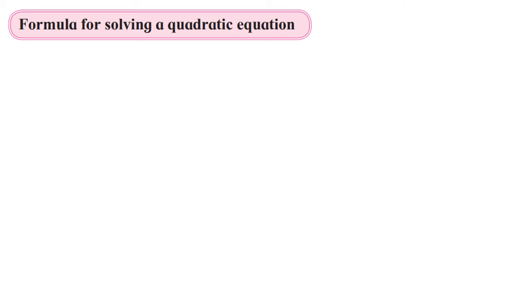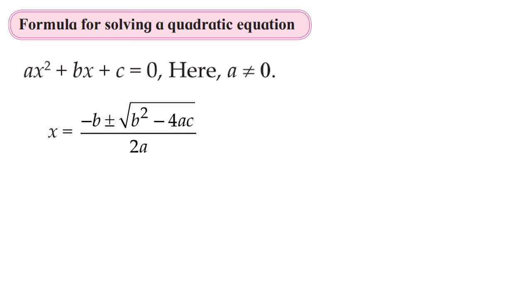Then the next is the formula for solving a quadratic equation. So here, for the equation ax square plus bx plus c is equal to 0, where a is not equal to 0, the value of x can be found directly by using the formula minus b plus or minus under root b square minus 4ac upon 2a.